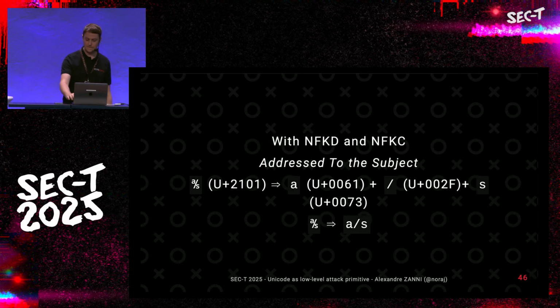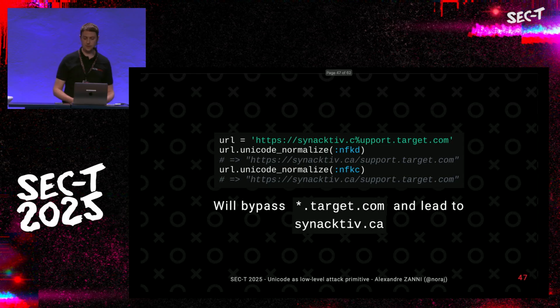So if you have a domain like on the first line, synactive.somewherestuff.target.com, you actually have a subdomain of target.com that will pass the test if there is a whitelist with, for example, wildcard.target.com.